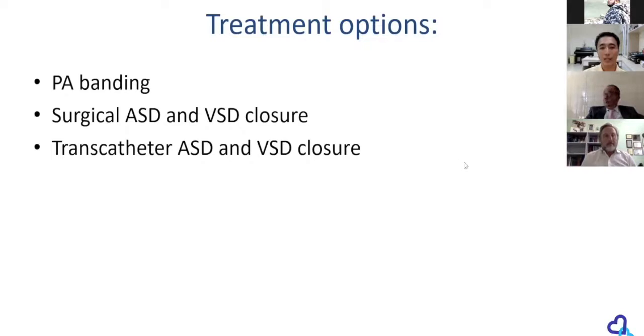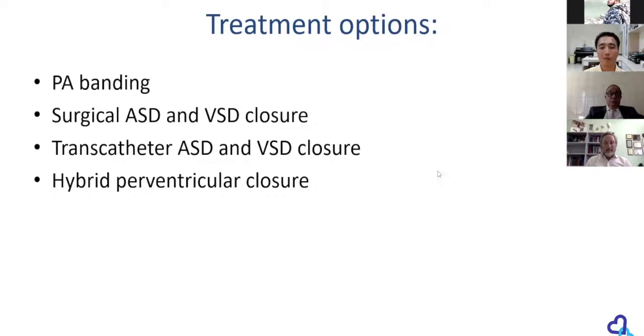Three, transcatheter ASD or VSD closure, maybe with the Vario approach in a very small baby, or maybe hybrid perventricular closure. Perhaps I can ask Nagesh, what would your option be in your institution for this baby?